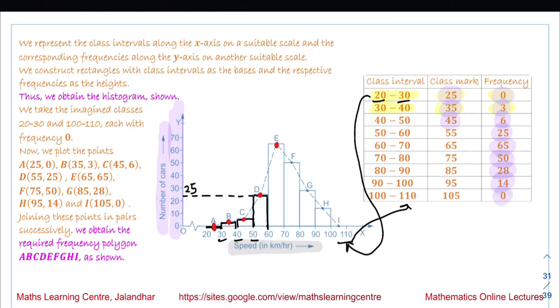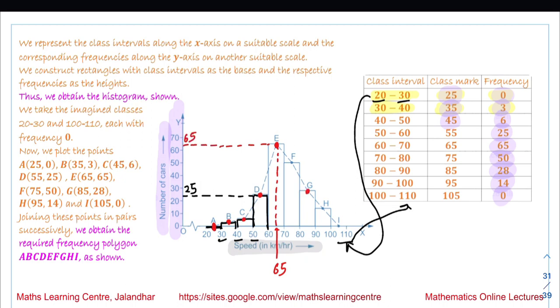Now if I look at this point E, if I look at this value over here, this will be the midpoint. Midpoint means this will represent 65, and what is the height of E over here? Its frequency is also 65.